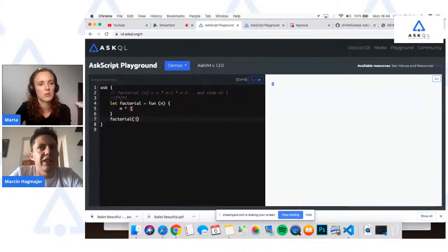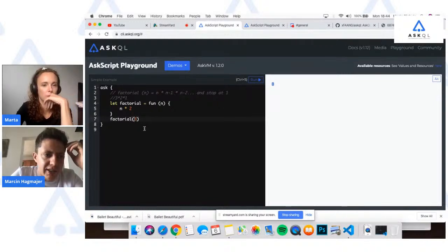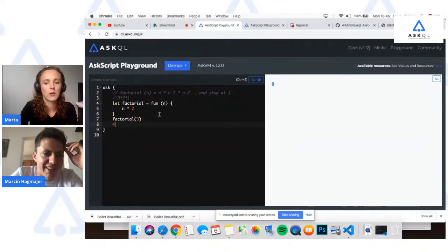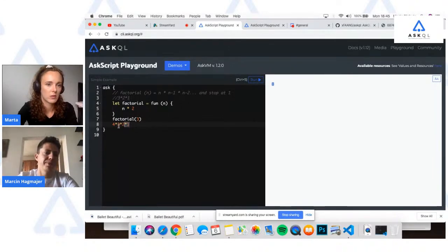So factorial of 3 is actually 6, correct? Yeah. How about factorial of 4? 24? 4 times 3 times 2 times 1. So it's 24.